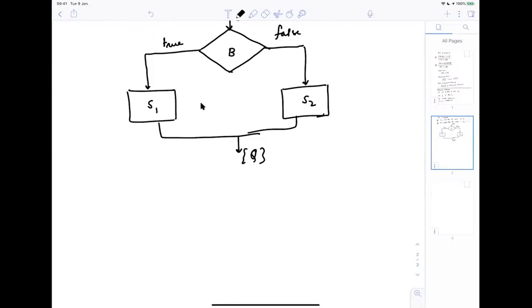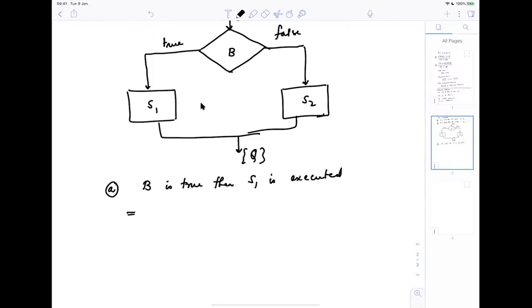So let's look at the first part. B is true. Then S1 is executed, right? So that means what?